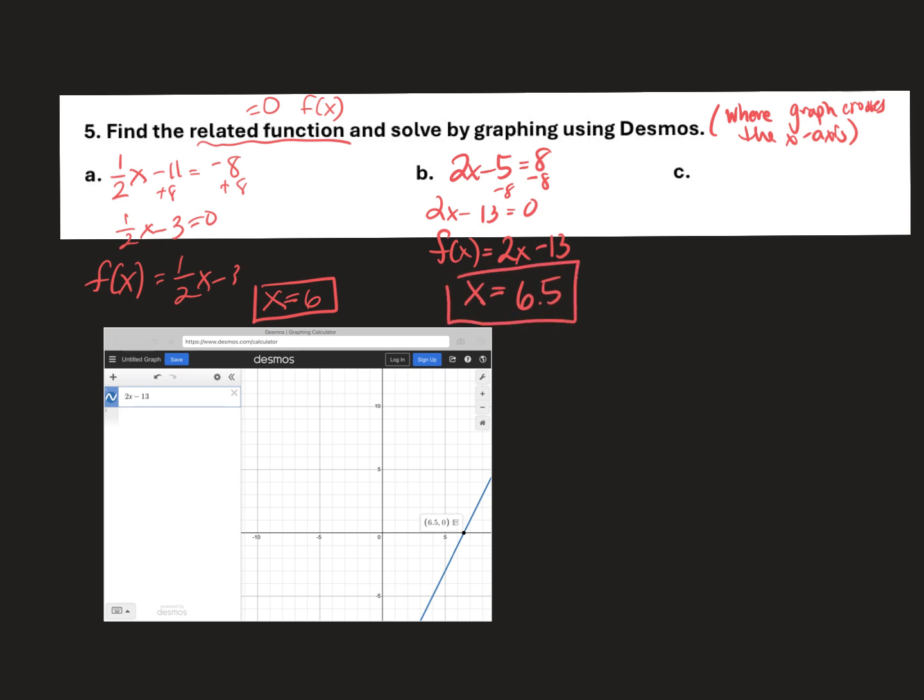You can make it equal 0 and type it into the graphing calculator and find where the graph crosses the x-axis. Going to add 11. So f of x equals 2x plus 6.